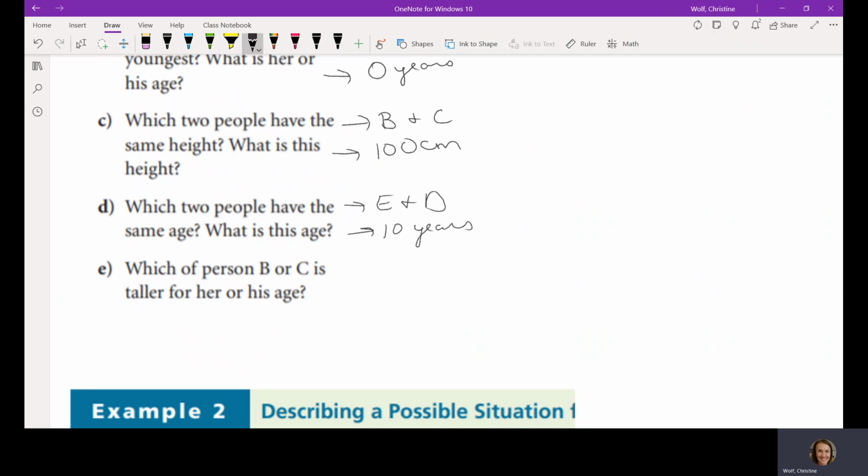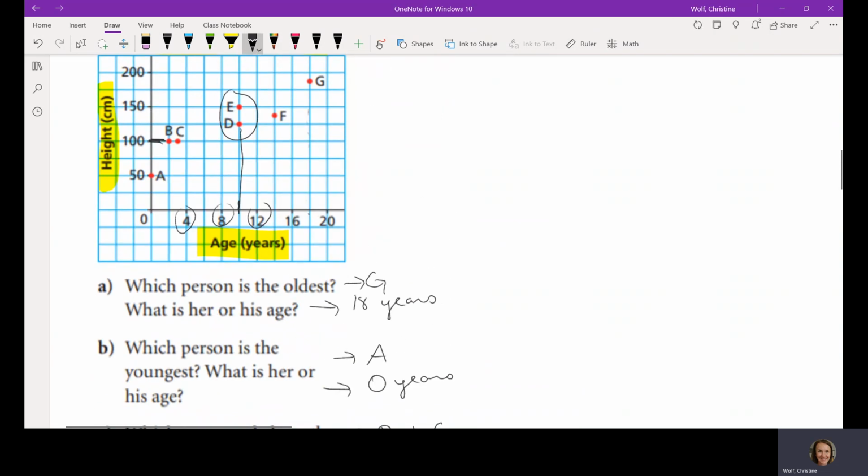And finally, which of person B or C is taller for their age? Okay, so we're going to compare B and C just like we did in the last question. So first, if I'm talking about person B, okay, we know that person B is 2 years old and is 100 centimeters.